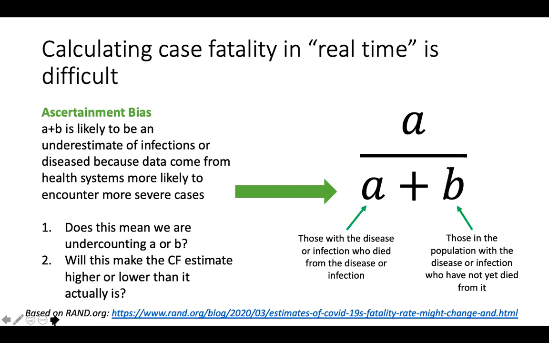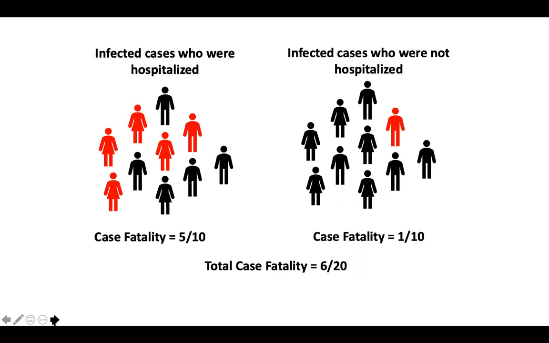We're undercounting B. We don't have a lot of people in the population who haven't yet died from the disease because we're not testing them, so they're not part of our denominator. And what does this do to our case fatality estimate? It makes it higher than you would actually expect, because our denominator is excluding a bunch of people with the disease or infection, and because of that, the case fatality appears higher than it actually is.